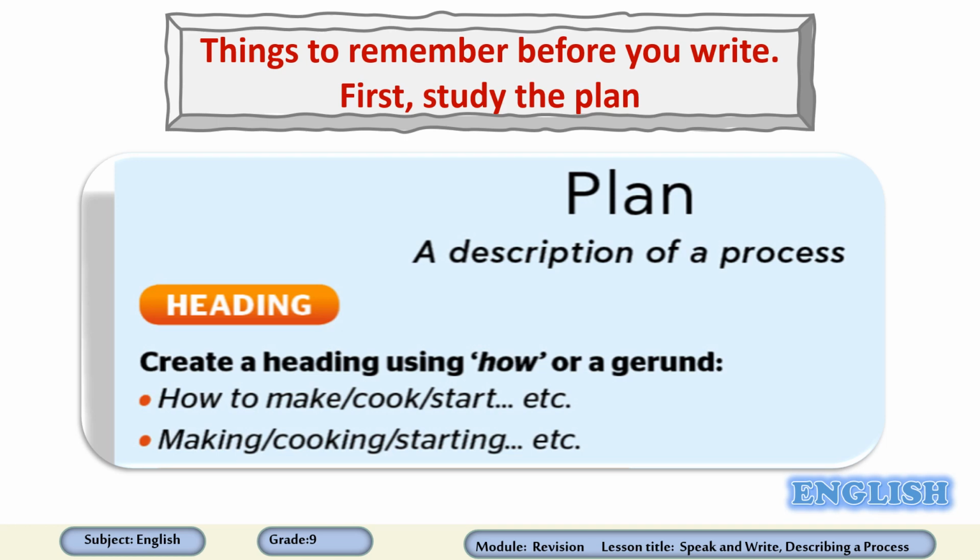Using how, like how to make posters, for example, how to cook pizza, how to start a business. The second way is using a gerund. For example, making posters, cooking pizza, starting a business.